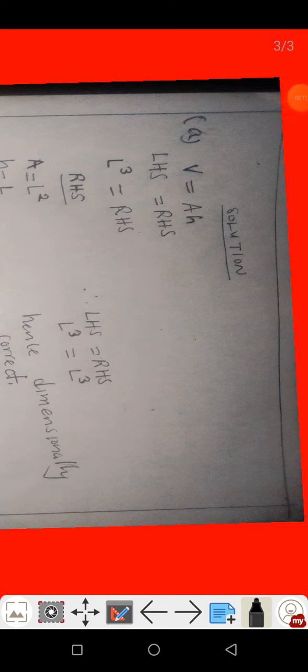Alright, so we now have to prove that this formula, V is equal to AH, is dimensionally correct.